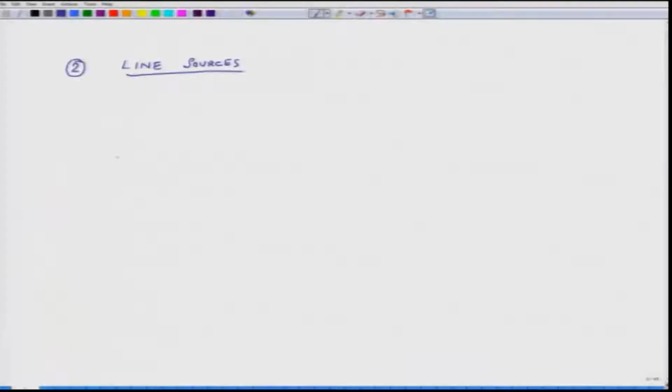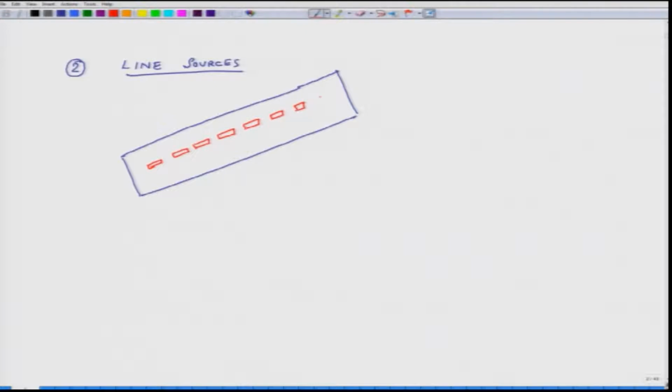So, let us make a picture. This is the road, and I have all the sources, these red rectangles, you can think of them as cars. Theoretically, they should be at 0 distance away from each other, so these gaps should not exist, and the intensity of sound coming from each car should be the same.